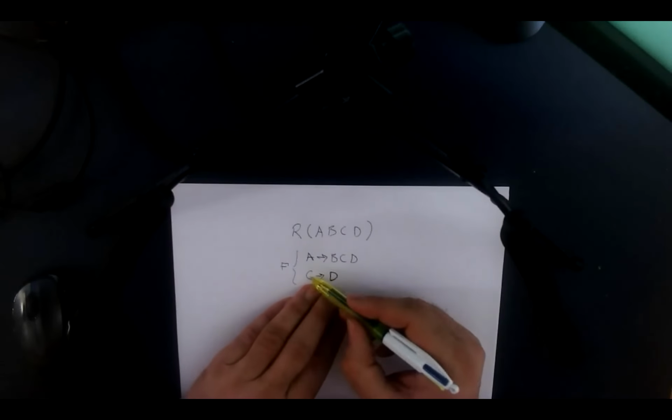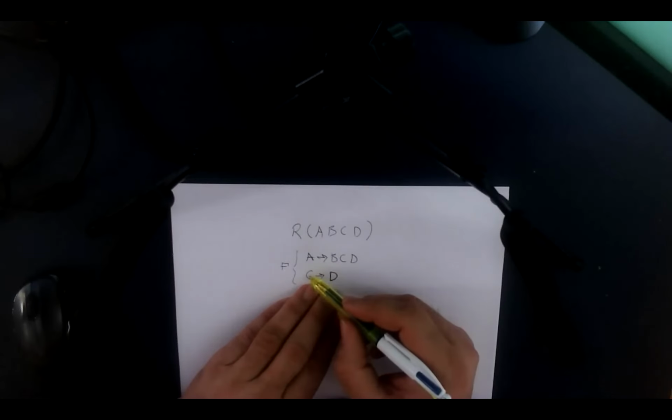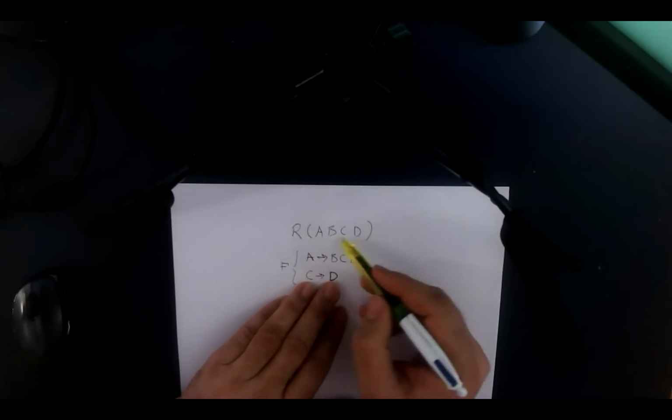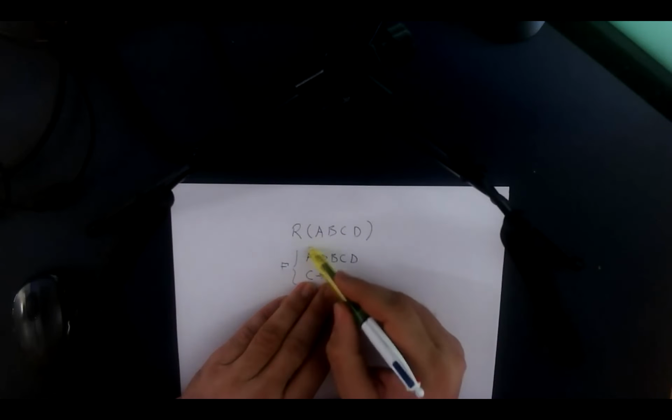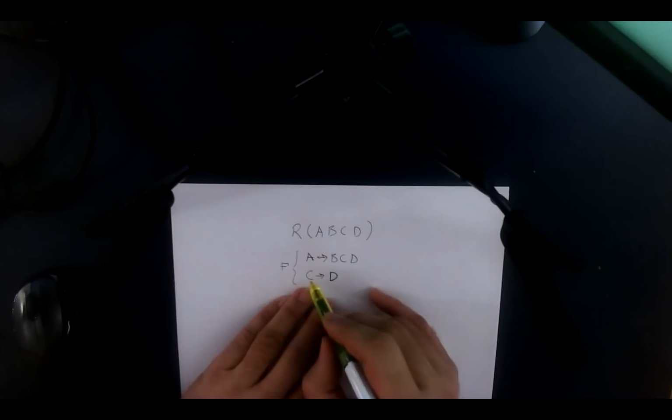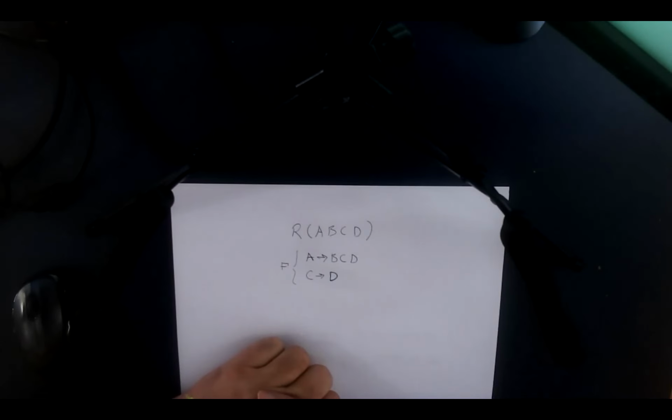Then I go to this functional dependency here, and I say, all right, now is C a superkey of this relation, given all things? From C I get to D, but then I'm stuck. So no, C is not a superkey of this relation.